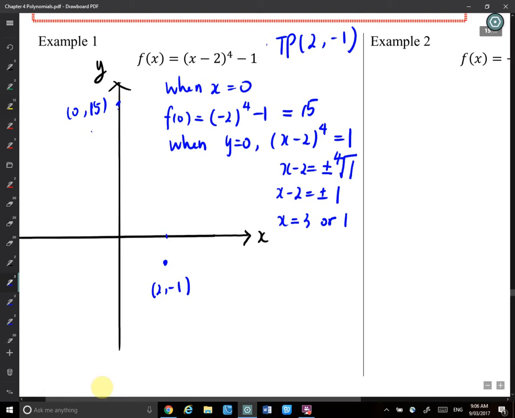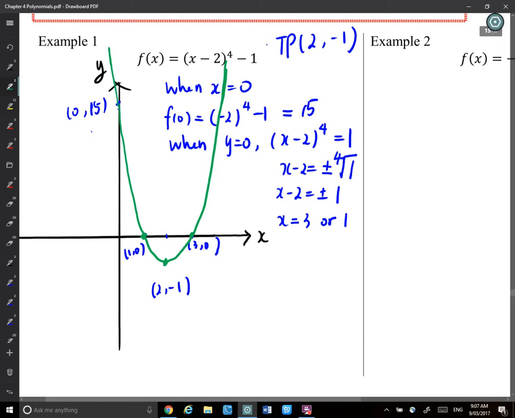So you will have 1, 0 and 3, 0. Then the shape will be this. It exactly looks like a quadratic, but instead the bottom is a little bit flat.